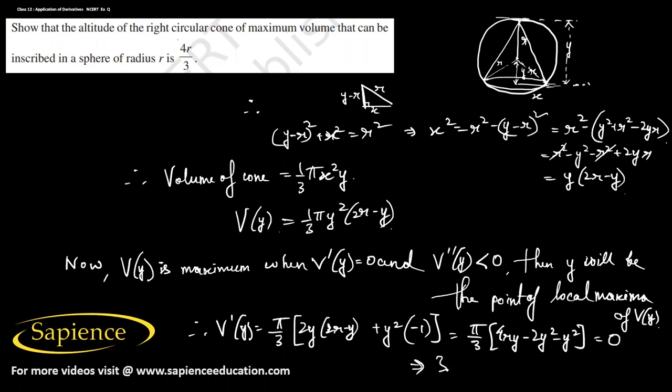So 3y square should be equal to 4ry, and y cannot be 0. Therefore 3y should be equal to 4r, so y should be equal to 4r by 3.